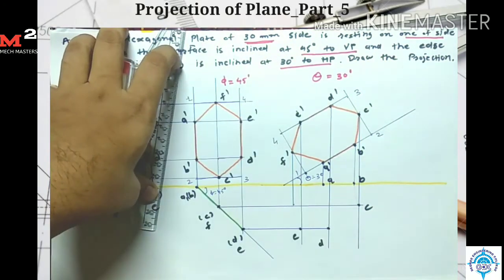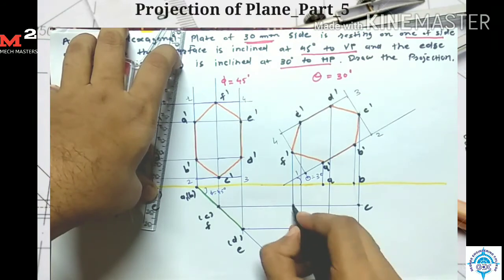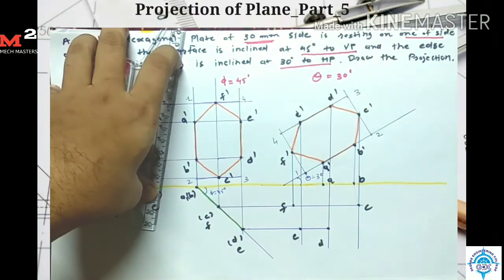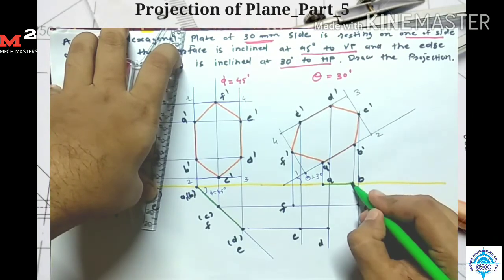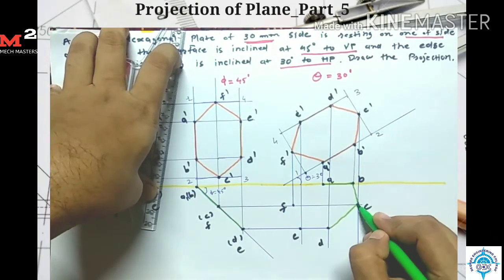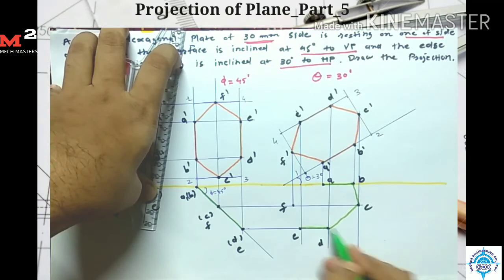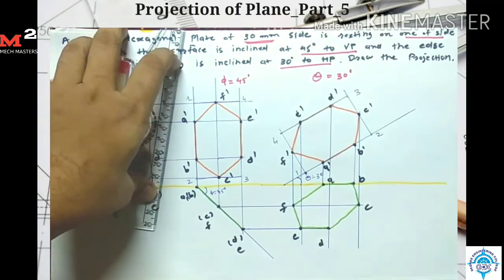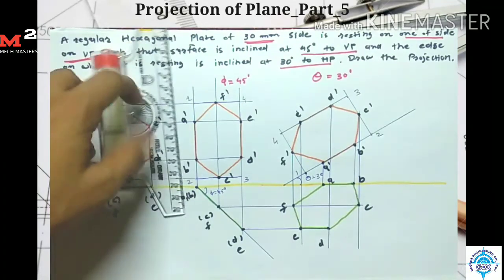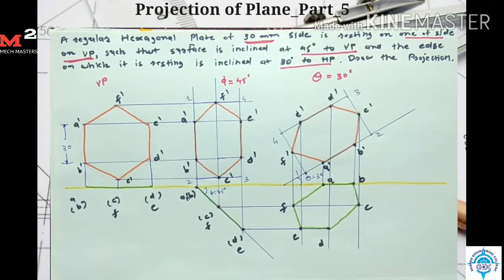So here I get my point F. After joining these points AB, BC, CD, DE, EF, I get my top view. So in this way I draw all three stages of this problem, and I complete this problem.